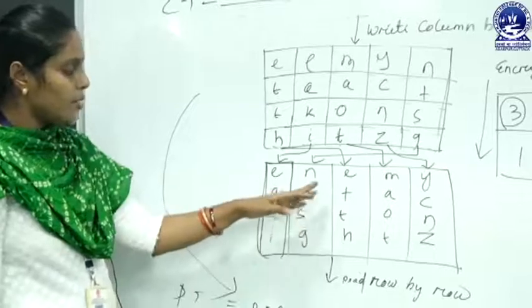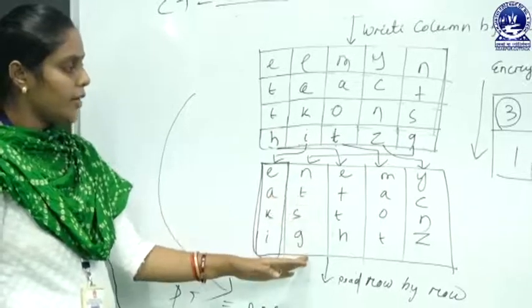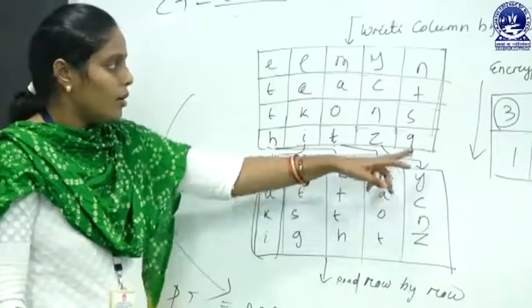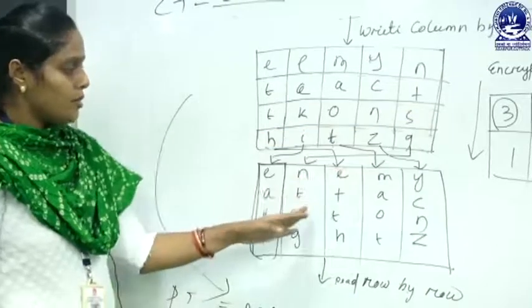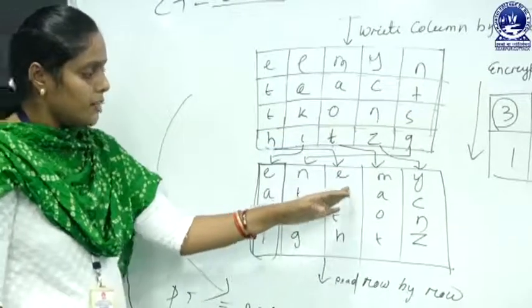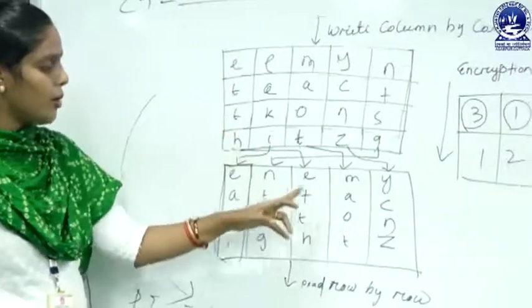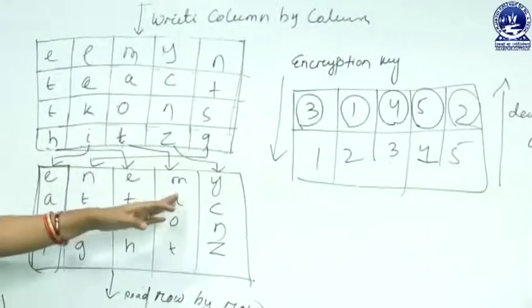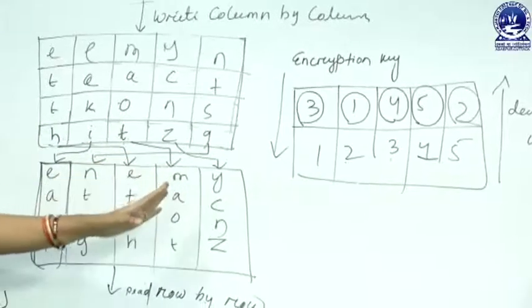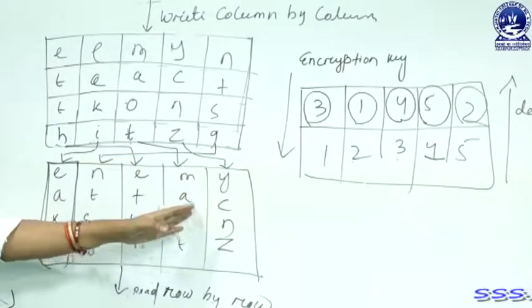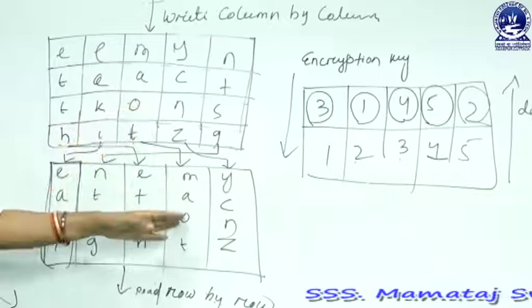Then next the second column of our plain text is the fifth column of our ciphertext. Then next the third column of our plain text is the first column of our ciphertext. Then the next one, the fourth column of our plain text, is the third column of our ciphertext.